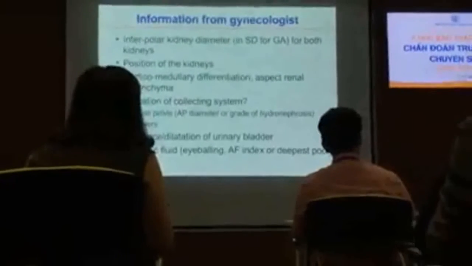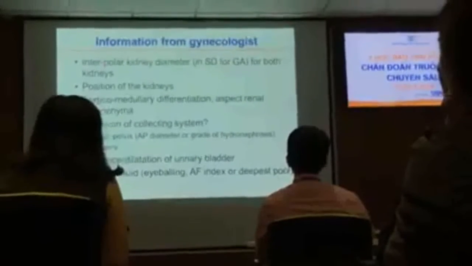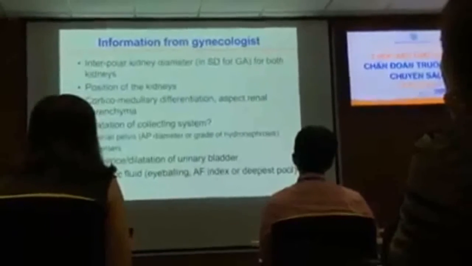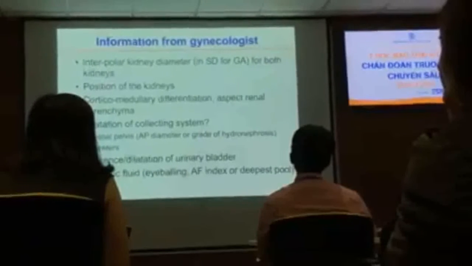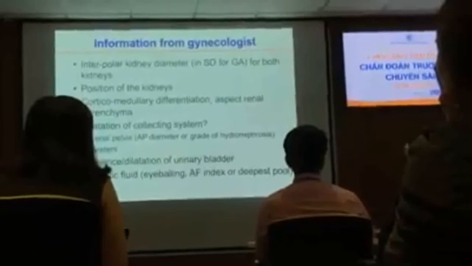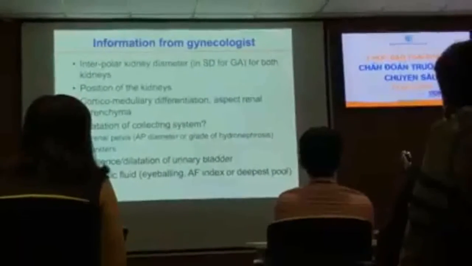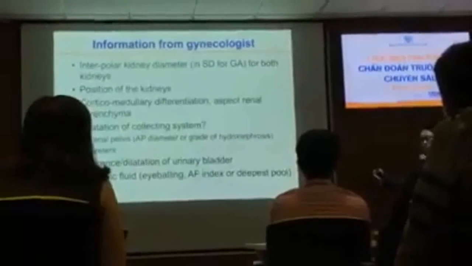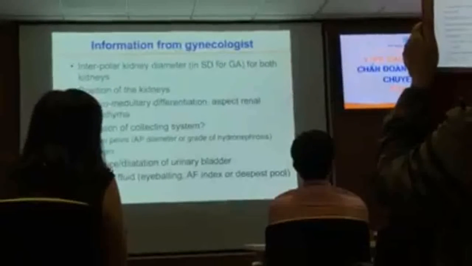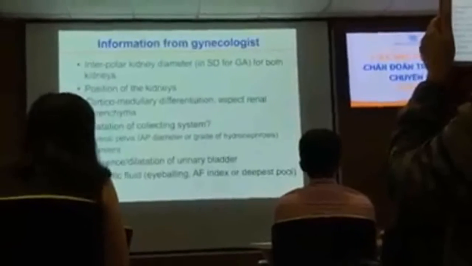So what information do gynecologists need to obtain? We need to measure the interpolar kidney diameter for both kidneys, and we also need to see the position of the kidneys. Usually, if you go to the AC view, the cross-section with the stomach, then go down a little bit, you can see both kidneys. Then the cortical medullary differentiation and aspect of the renal parenchyma as well.